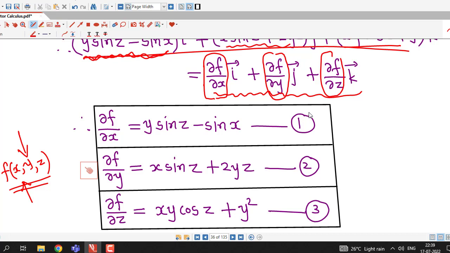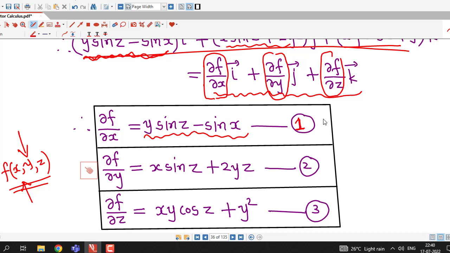Now if I want to integrate with respect to x, then I will consider this equation 1. Suppose I integrate equation 1 with respect to x, then left hand side will be f of x, y, z, and on right hand side, because I am integrating with respect to x partially, I will consider y and z as constants.